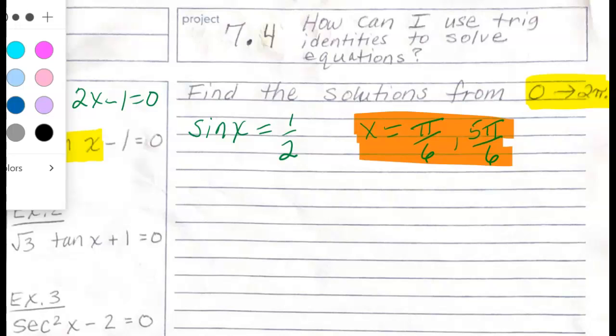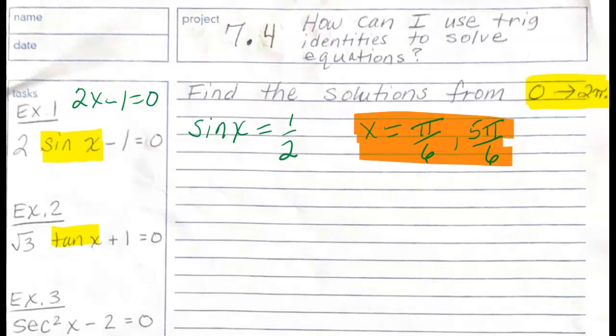We're solving here, in this case, for tangent x. So we take the 1 to the other side, so it would be negative 1, and then we're going to divide by square root of 3. Now, we could leave it like that.